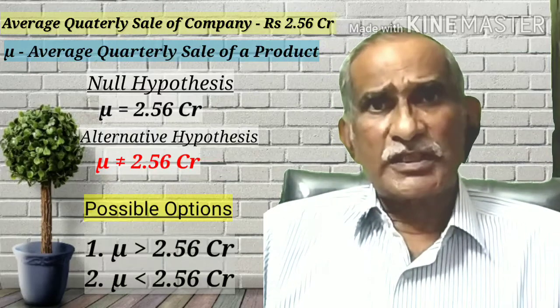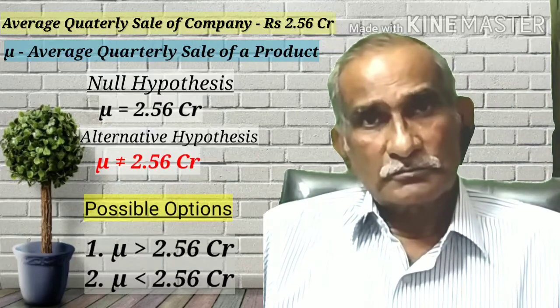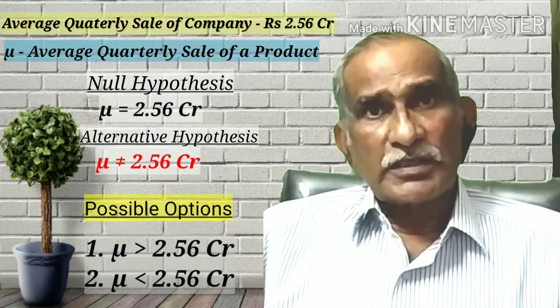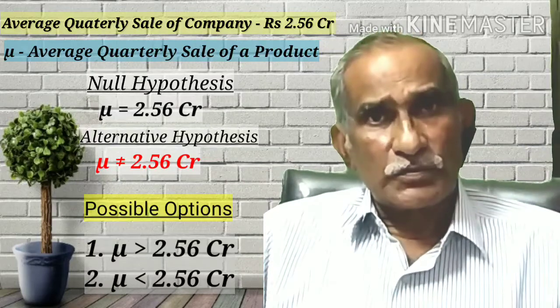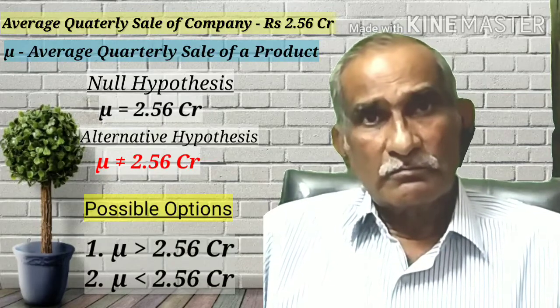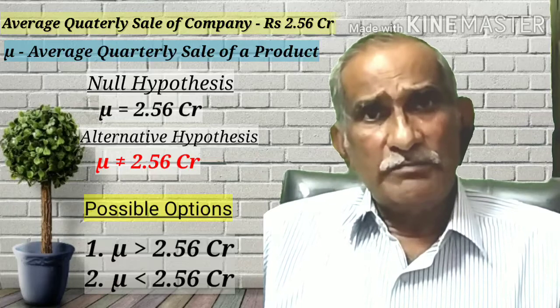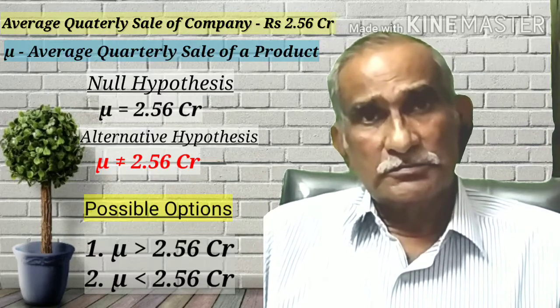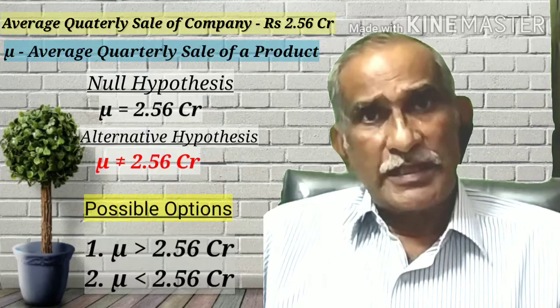What would be the worst case in this situation? The average quarterly sale would remain as 2.56 crore. This would be the worst case. How can one imagine, how can one think that after advertisement the sale has gone down?